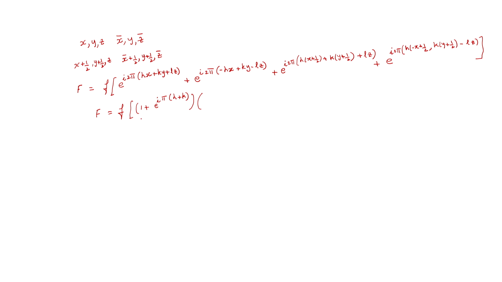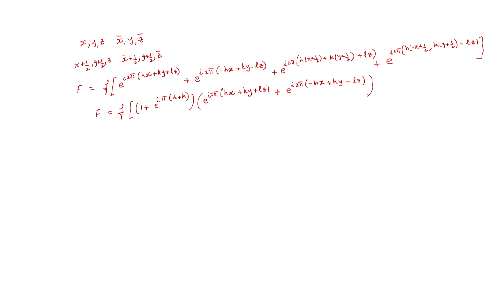So, that will give me a total of 4 terms again: e to the power i 2 pi (hx plus ky plus lz) plus e to the power i 2 pi (minus hx plus ky minus lz).